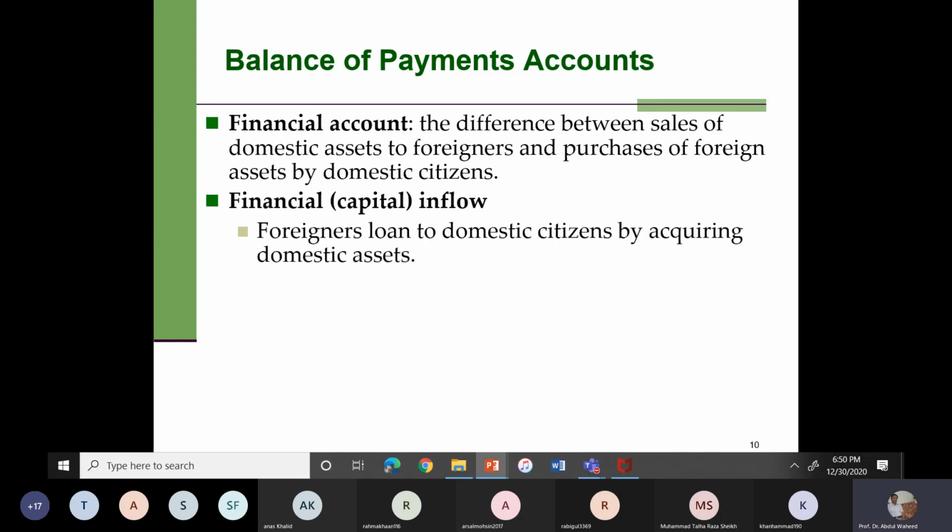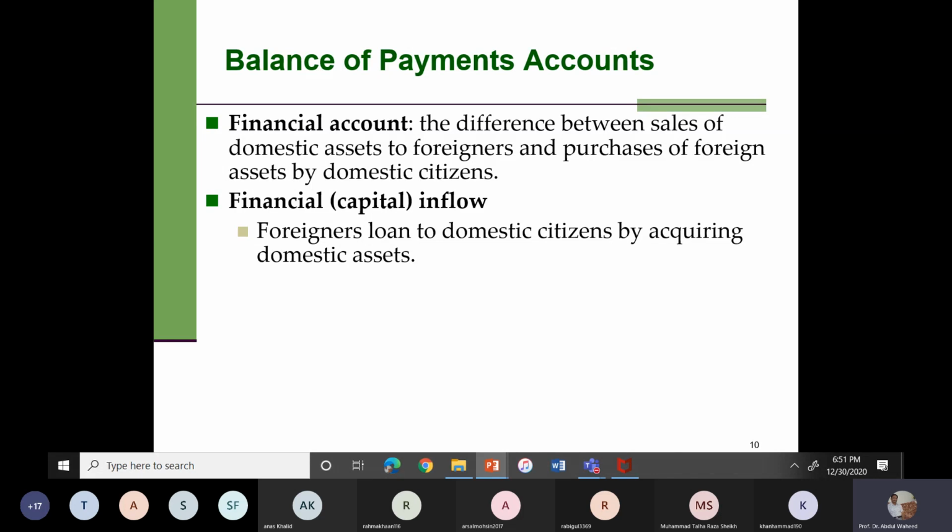In the financial account, we have financial flows. We have sales and purchases of financial assets. We have domestic assets, then we have foreign assets. We can sell domestic assets to foreigners, and domestic residents can buy foreign assets. So then we have financial inflows and outflows. Foreigners lend to domestic citizens by acquiring domestic assets.